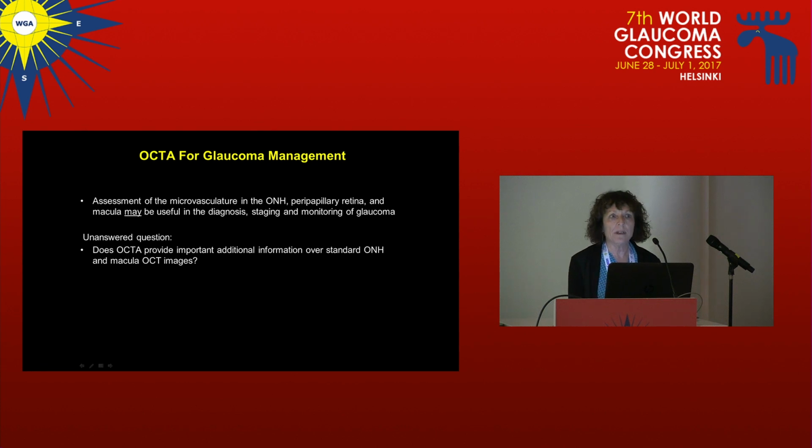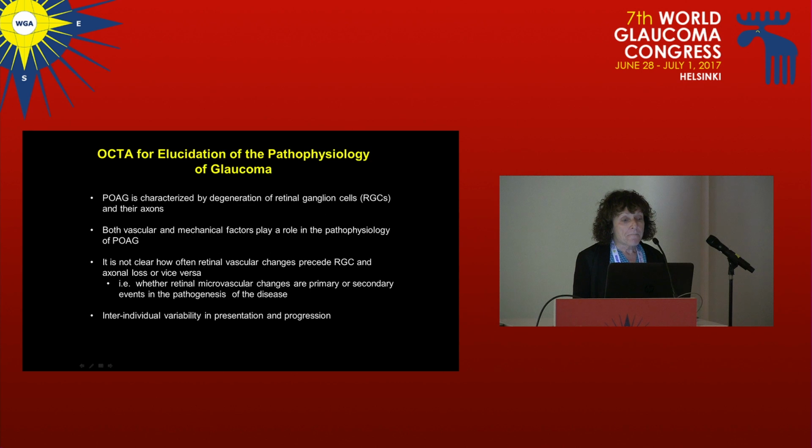I think we heard some results that show yes, and some results that it's similar to nerve fiber layer for detecting glaucoma. So I'm not sure, and I'm not a clinician, about how much it will be used for clinical management, but I'm convinced that OCTA will be critical for improving our understanding of the pathophysiology of glaucoma.